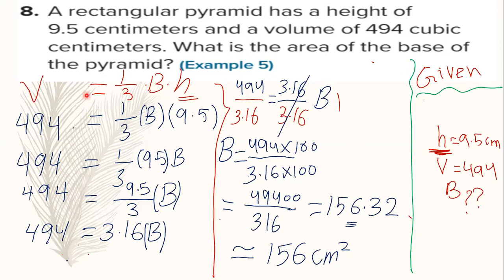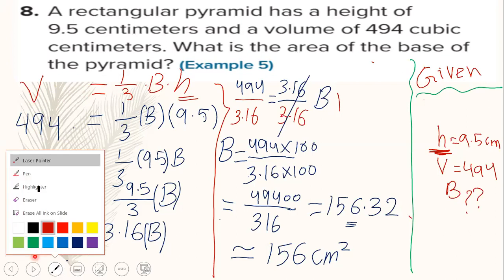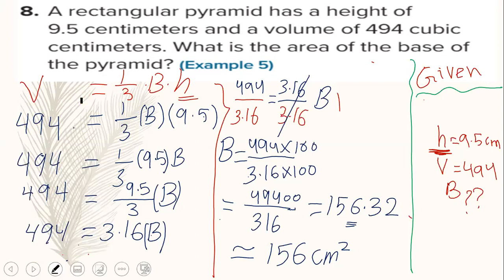This is a rectangular pyramid. So the volume of a rectangular pyramid is 1/3 base area times height. Just substitute directly the value of the volume, replace it by the given value, which is 494.